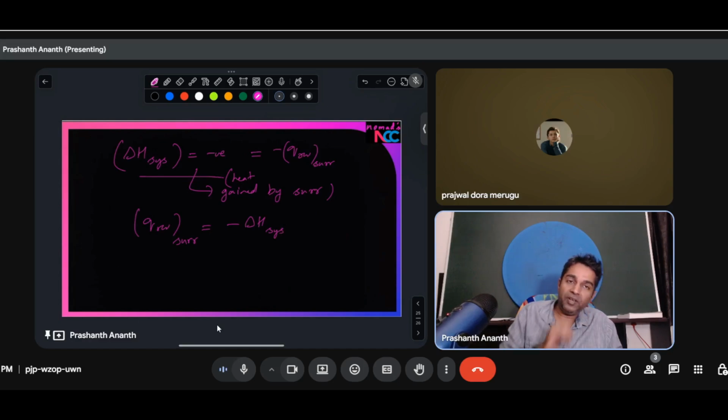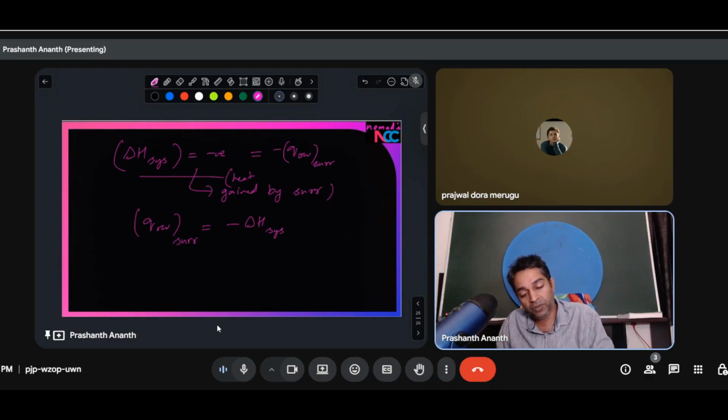Now, same way, there is no real temperature which we can define for a surrounding because it's infinity. So what do we mean by temperature of surroundings? We mean the boundary where the system and surroundings are in contact. That is what we consider as temperature from the surroundings point of view. So, if I am going to be looking at delta S for surroundings, that can be effectively written as Q reversible of surroundings by temperature at boundary condition.